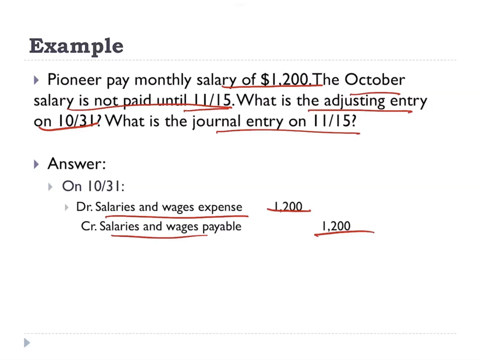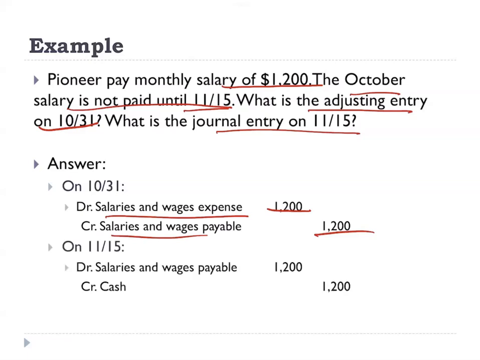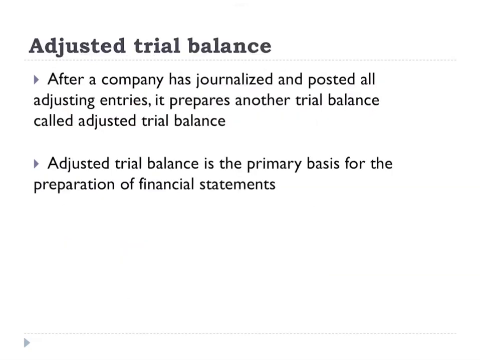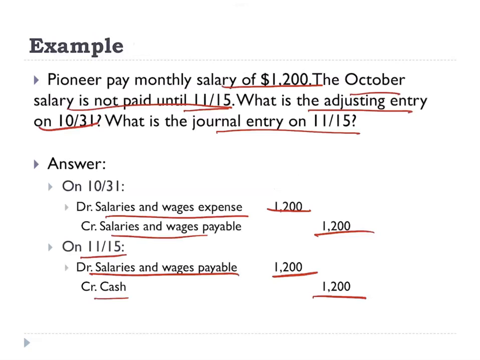This indicates that the firm now has an obligation to pay this $1,200 in the future. And then on November 15th, when the firm pays out those salary and wages, cash decreases, and the firm no longer has this liability. So those are examples of adjusting entries.